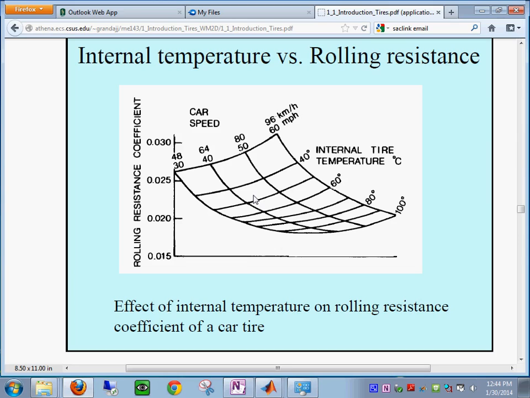Well, as the temperature goes up, the coefficient of rolling resistance may lower. So in here you see the temperature going up, obviously the value is going down.